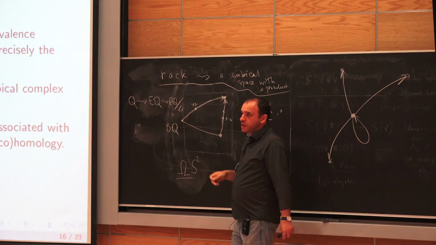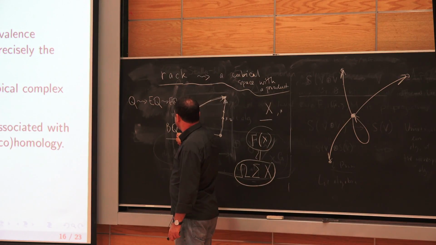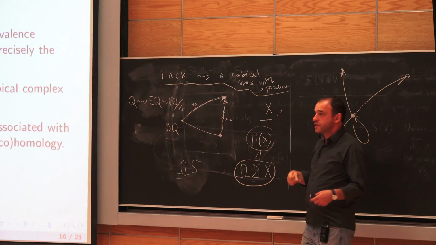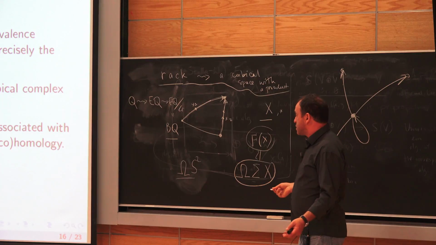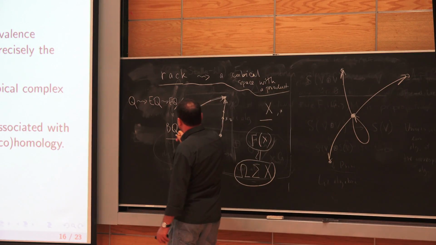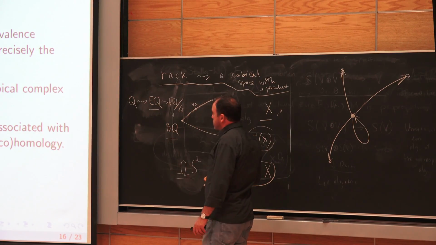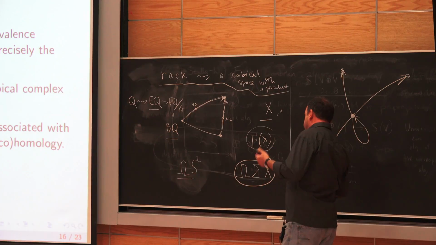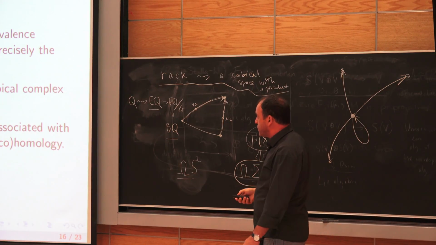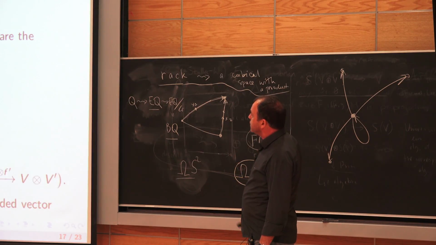So, for instance, it's known that the action of the fundamental group of this space on the homotopy groups is trivial. This is obvious from the fact that EQ has a product, but in principle, it's not clear why this is the case. So this is one use of this kind of construction.